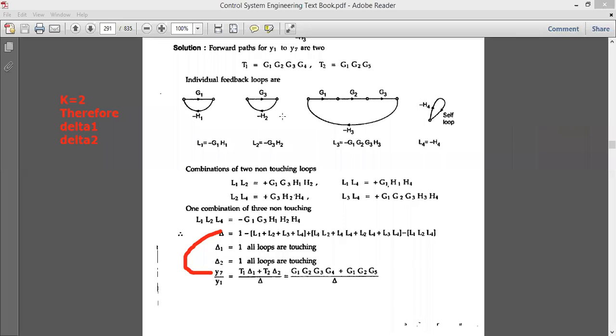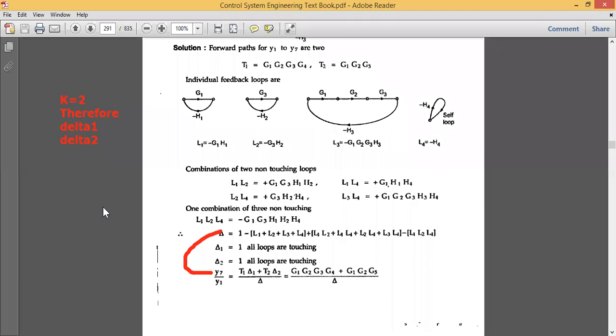Then multiplied by delta 2. What is delta 2? Delta 2 is again 1. So keep delta 2 equal to 1, and the whole thing will be multiplied by 1. The whole numerator will be divided by the delta function. What is the delta function? It is 1 minus the whole value. Now what you should do is simply substitute the value of delta.